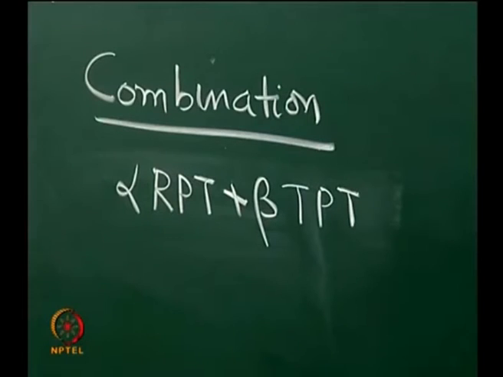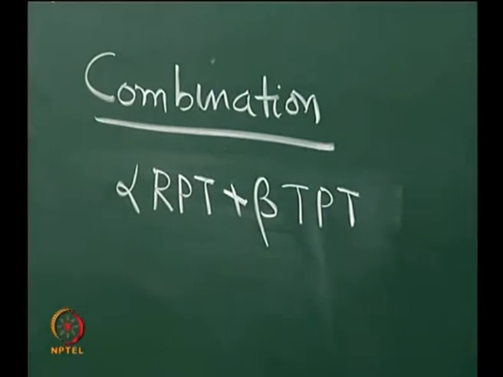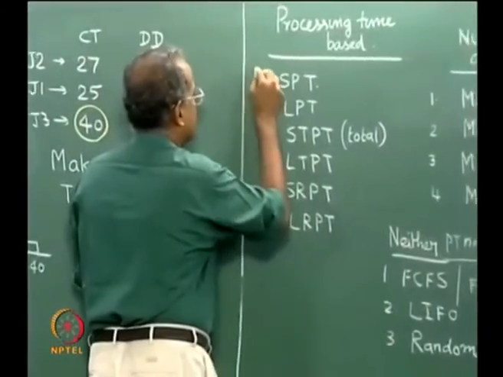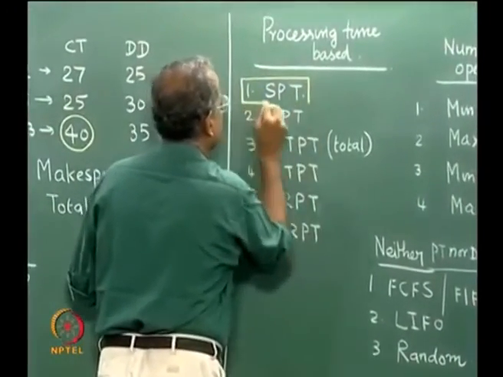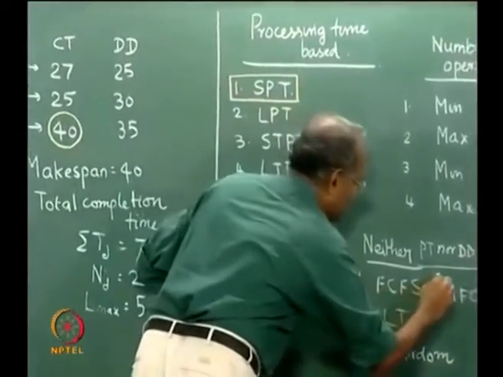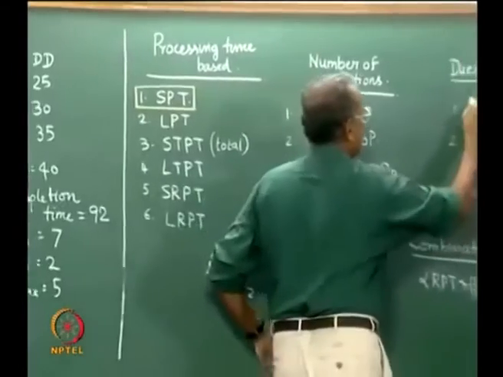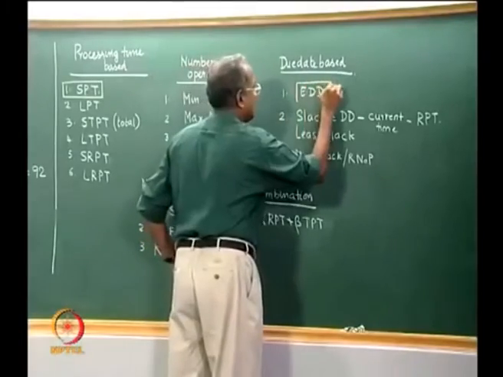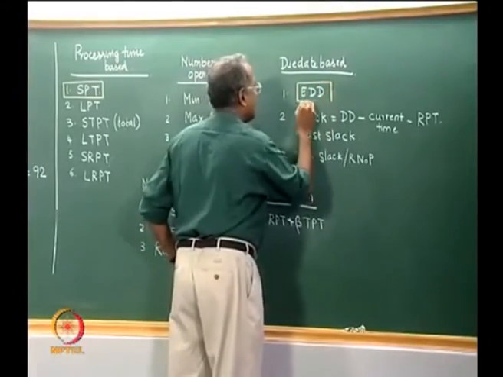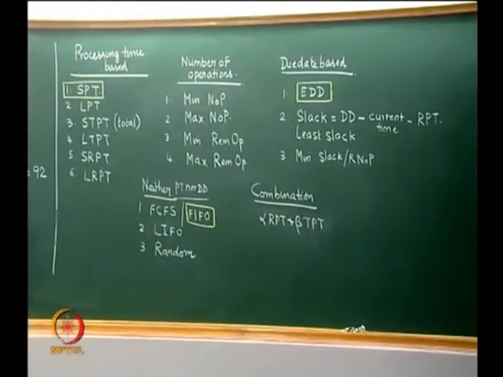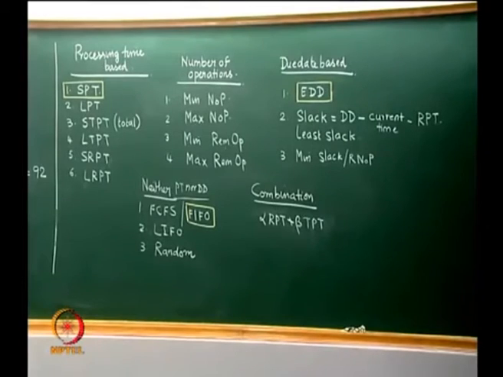Now, out of these so many rules, it is also a common practice to essentially look at SPT, first in first out, and EDD to single them out as three extremely popular dispatching rules.